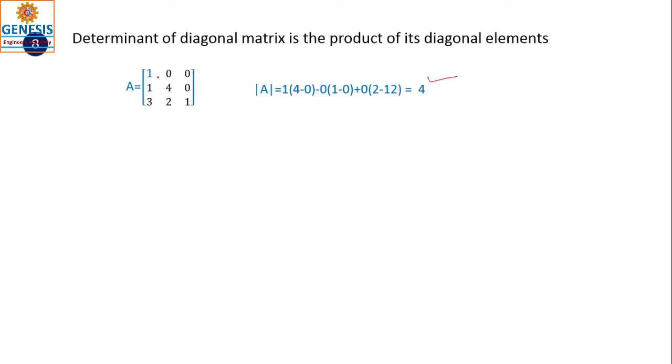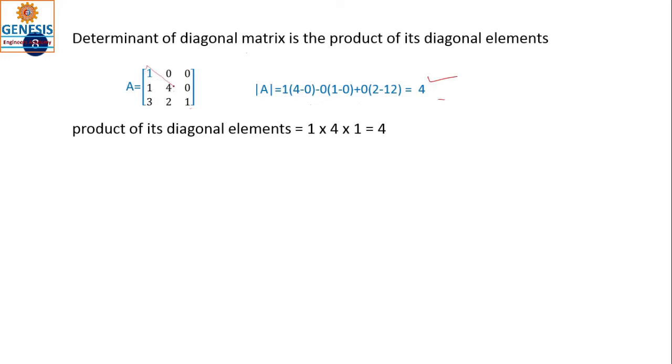So you need not do this lengthy process. It is easier to find the determinant of this type of diagonal matrix. The product of its diagonal elements is equal to 4. So the determinant of a diagonal matrix is the product of its diagonal elements. So these are the diagonal elements.